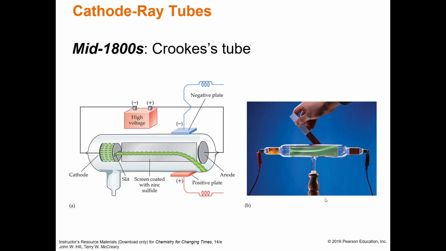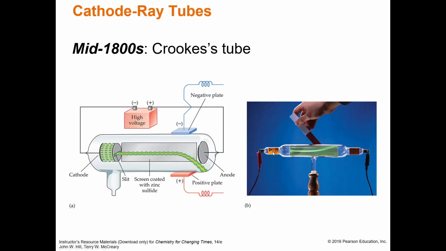The only difference being that the coating right here that shows when an electron hits it was at the end here, and it was elongated like this, so that the electrons that hit it would cause flashes of light, which is what you were seeing. By the way, there's kind of an interesting thing. That's the reason it has a radiation symbol right here.